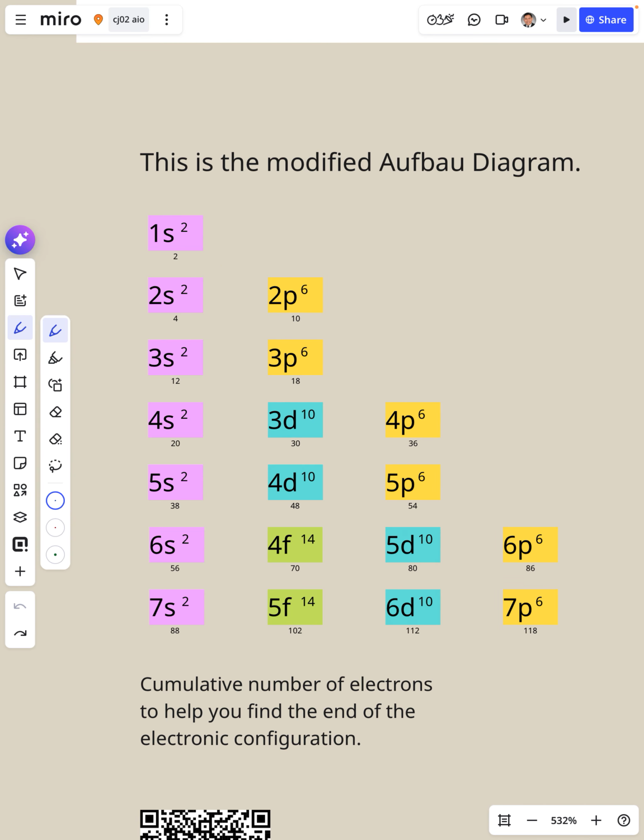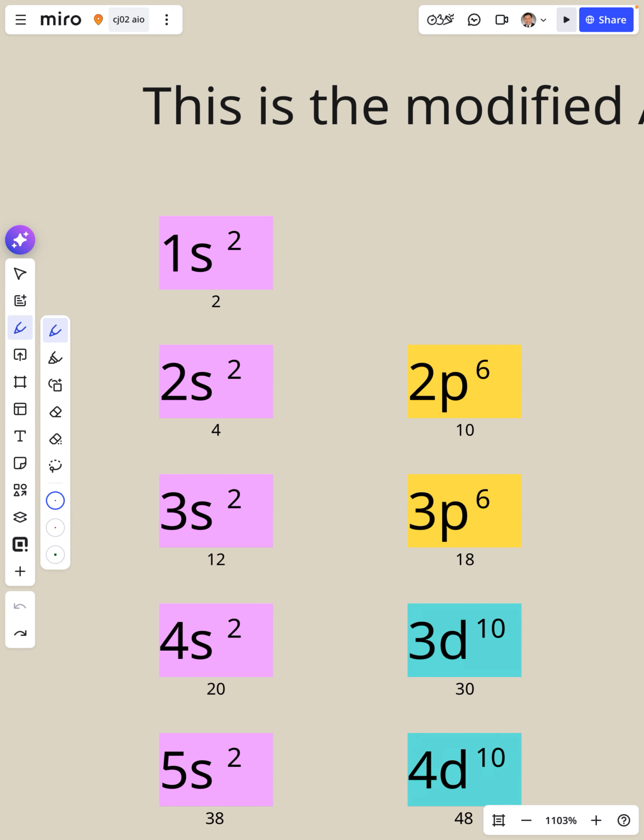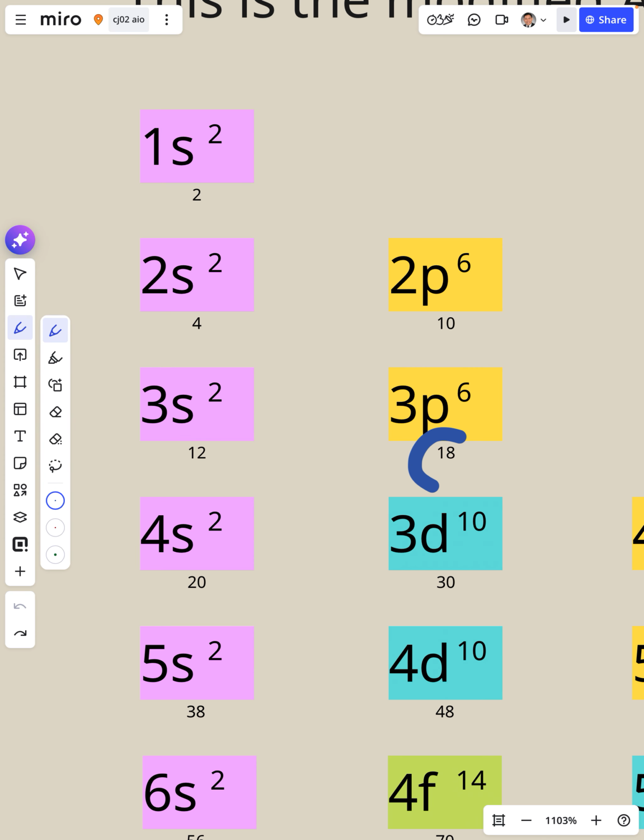Another important part is that in every subshell that I write here, I put in the cumulative number of electrons until that subshell.